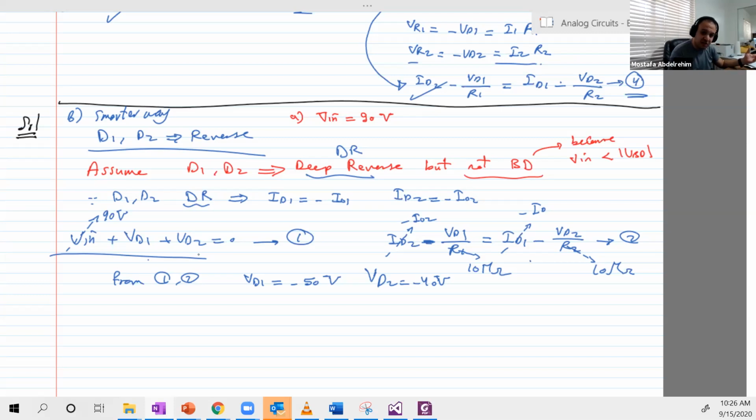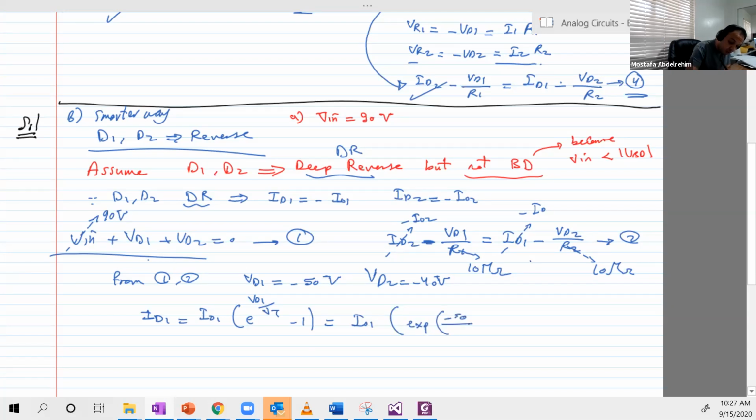We said that these guys are in deep reverse, right? And based on that, we said that ID1 is equal to minus I01. So let's go back to the equation of ID1 and prove that again. ID1 is equal to I01 times e to the power VD1 over VT minus 1, which is I01 times exponential of minus 50 over 26 millivolts, minus 1.